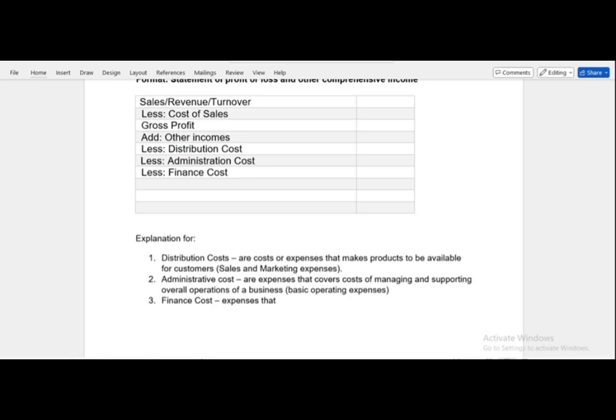We need a proper meaning, a better meaning.